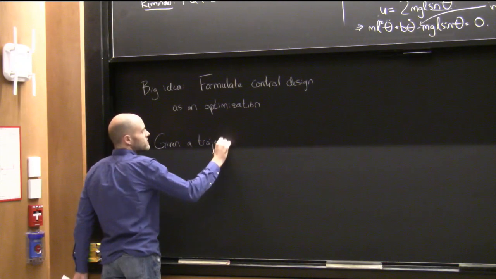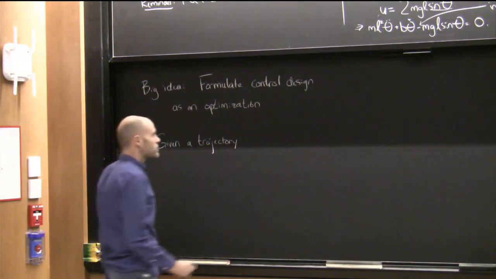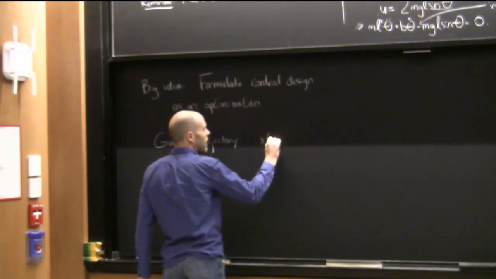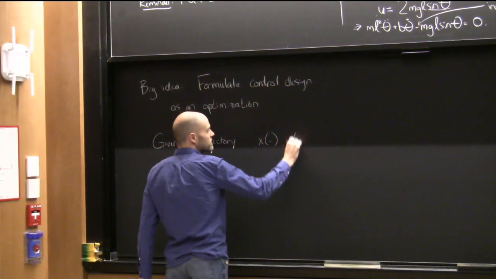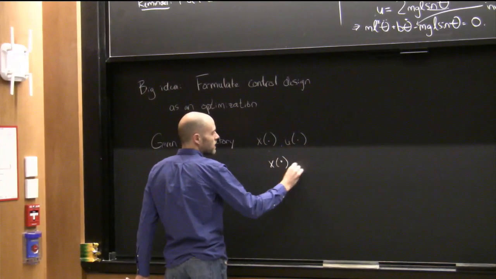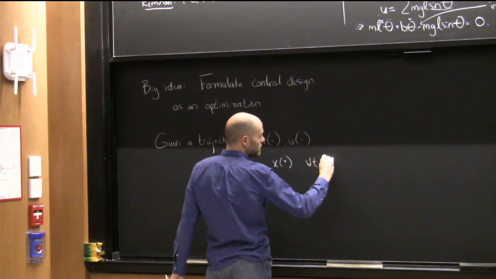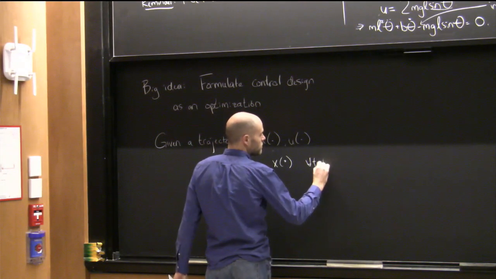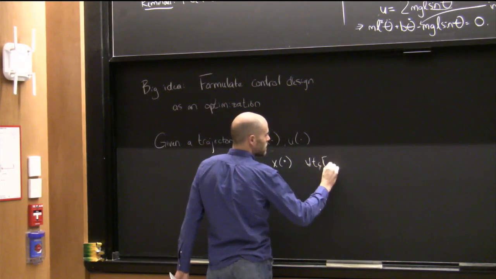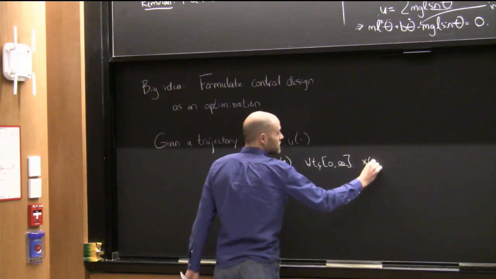The way you do this is, if you are given a trajectory, so if you watch the system behave, and in this case, a trajectory, I will repeatedly use this shorthand to mean for all t over some relevant interval, let's say 0 to some potentially infinite interval, x of t.